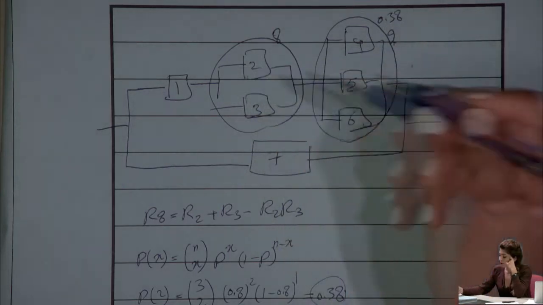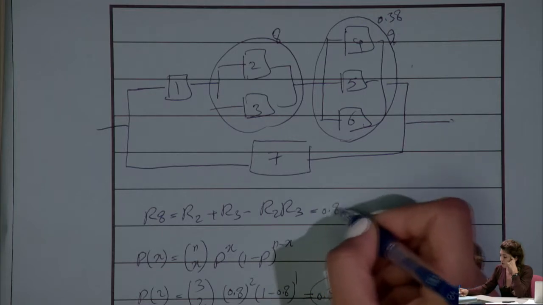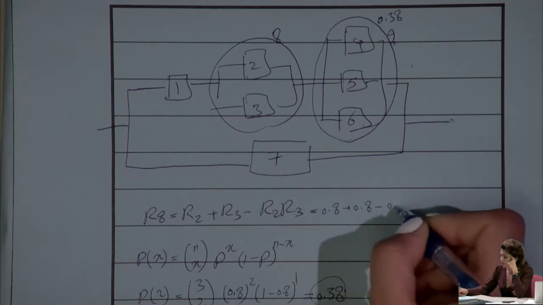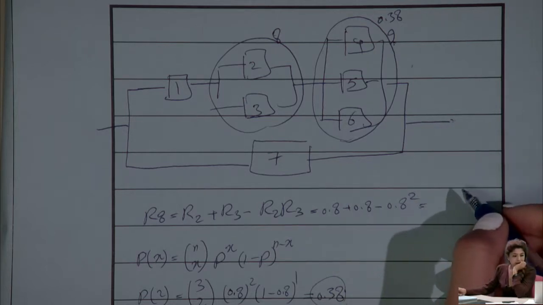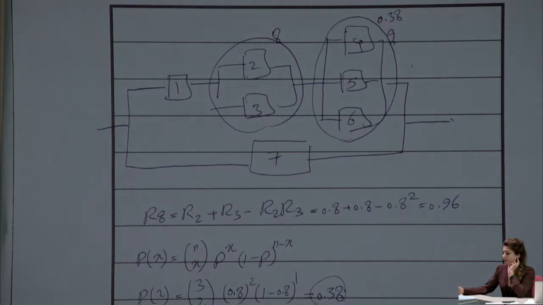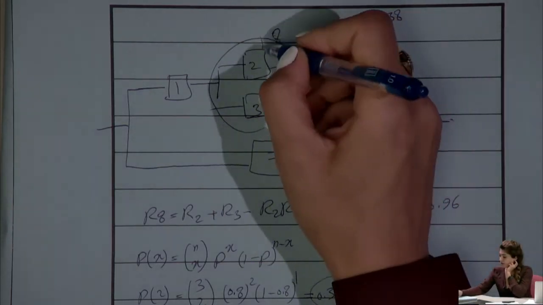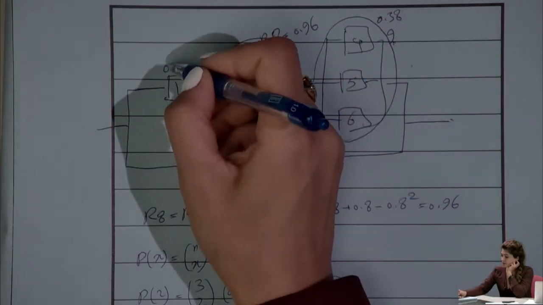And for this block, you already have the equation. So you have 0.8 plus 0.8 minus the multiplication of these two, and that is equal to 0.96. And so you have R8 equal to 0.96, and this is 0.8.